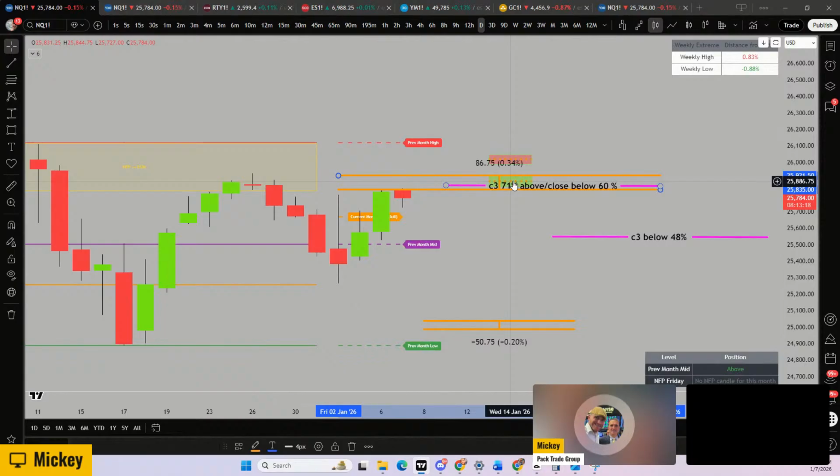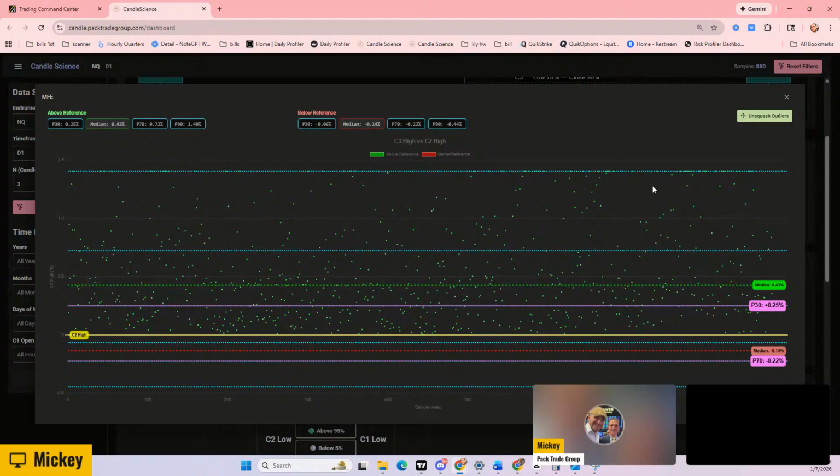We know that only 30% of data reversed before this, based off this candle sequence, which has happened 880 times on the daily candle. So we know that 30% reversed before hitting 0.25.